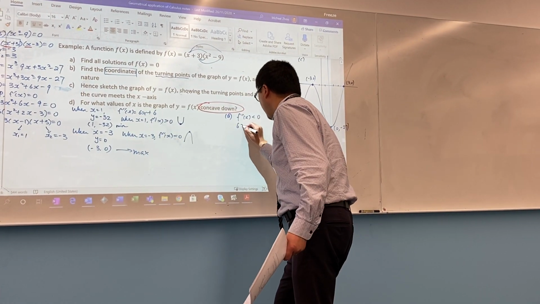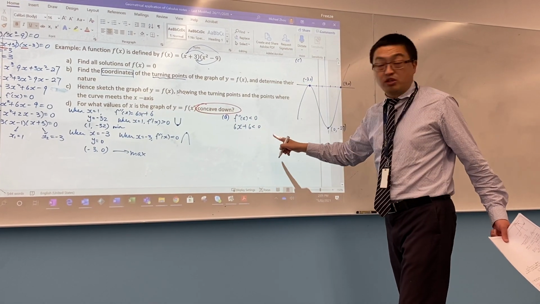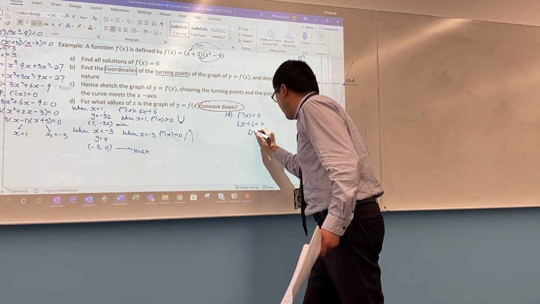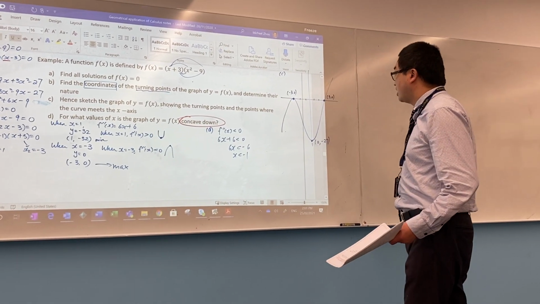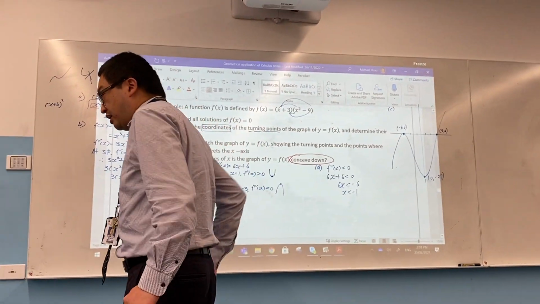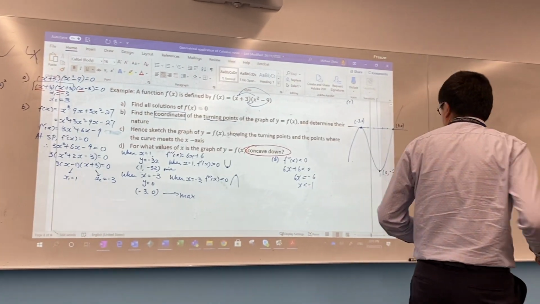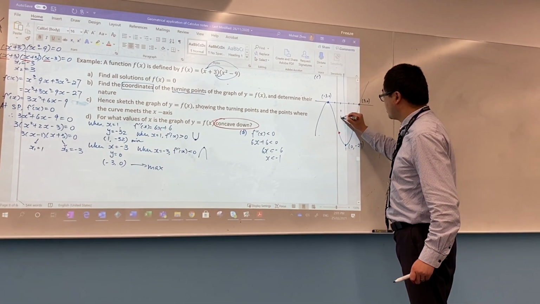You think about the second derivative is smaller than 0. That inequality is quite straightforward, right? So it's just going to be x is smaller than -1. Where's -1? Here. X is smaller than -1.